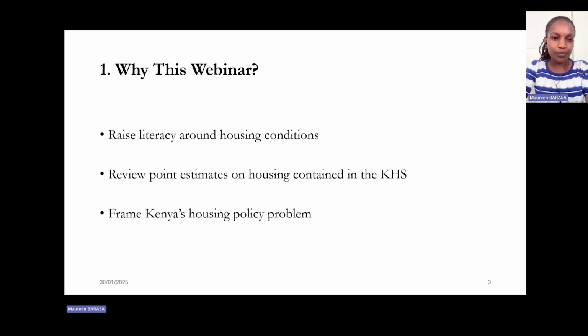So just to brush through, I think Winnie has already discussed why this webinar, so I'll just be highlighting a bit of it. So to raise literacy around housing conditions.